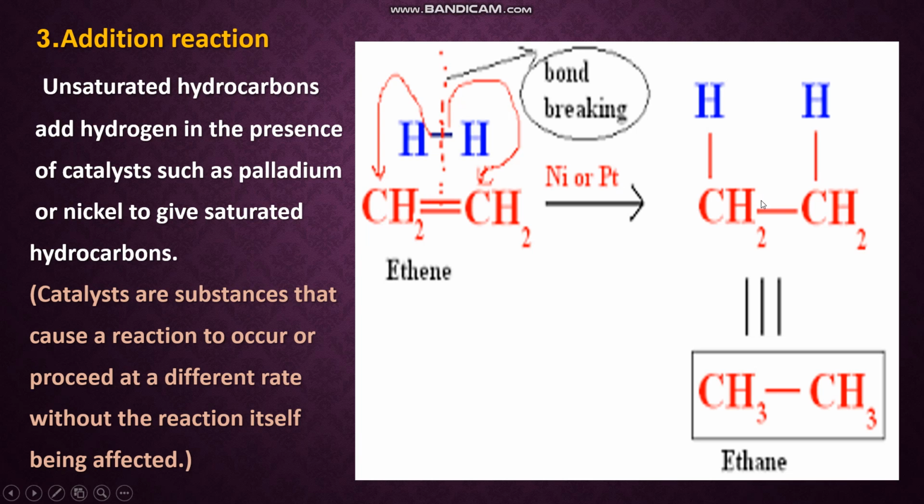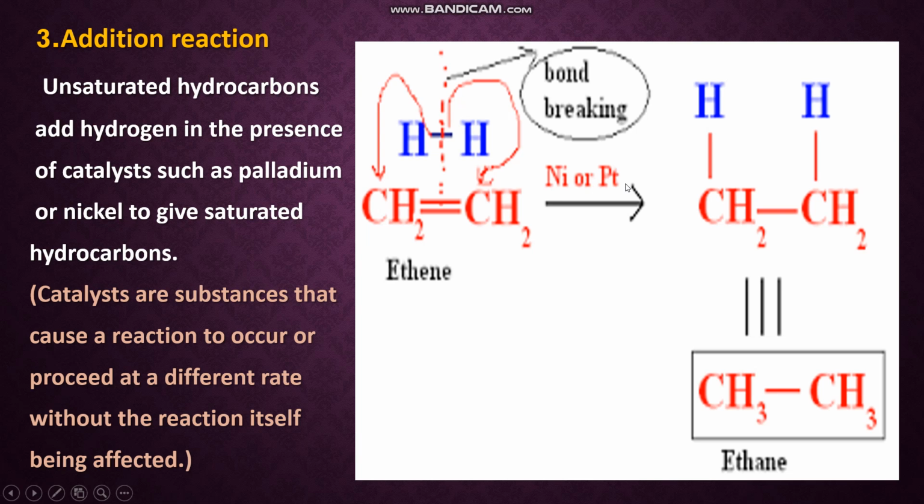It became a single bond. That means unsaturated hydrocarbon is converted into saturated hydrocarbon. This reaction is done in the presence of the catalyst nickel or platinum. Pt means platinum.